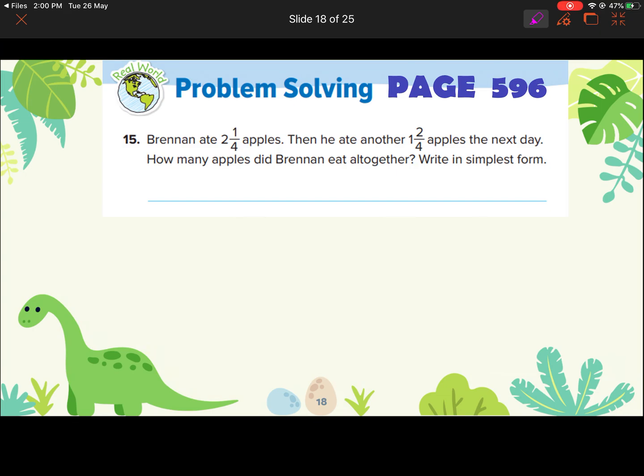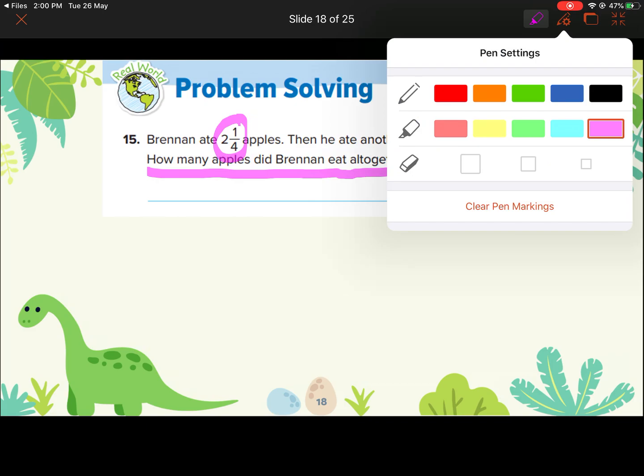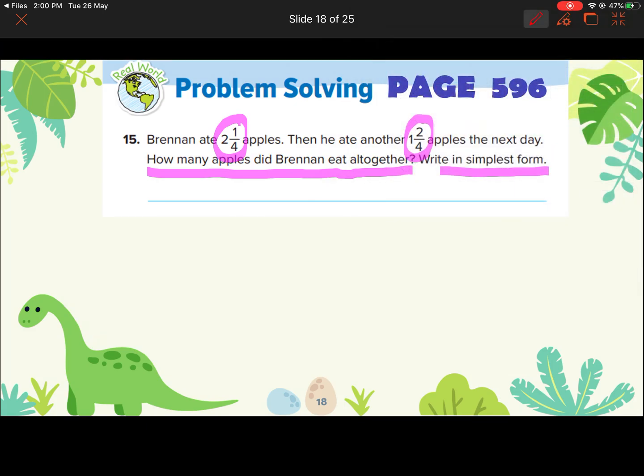Brennan ate 2 whole and 1/4 apple. Then he ate another 1 whole and 2/4 apple the next day. How many apples did Brennan eat altogether? So addition, yes, and write it in the simplest form. Now see the procedure. 2 and 1/4 plus 1 and 2/4.